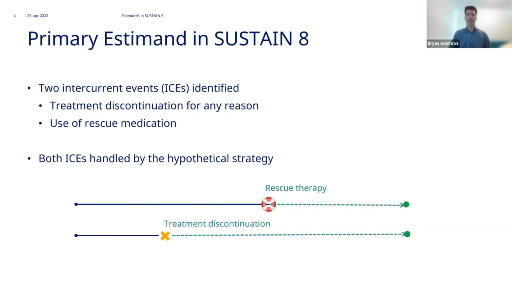So for patients whose glucose does not come under control, they might require additional glucose lowering therapy, referred to as rescue therapy. And for the primary Estimand, both of these were handled by a hypothetical strategy, meaning that data that was collected after those intercurrent events occurred was not included in the primary analysis. And we'll get into a little bit more detail about that.